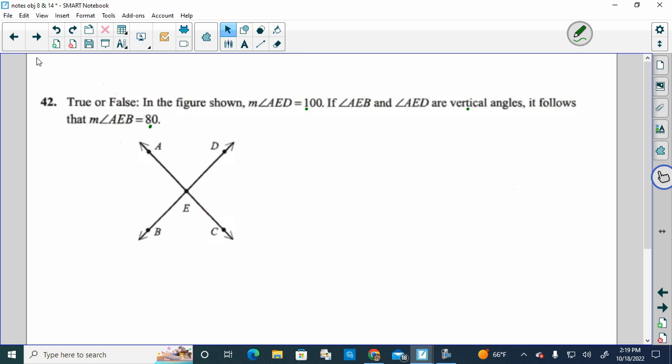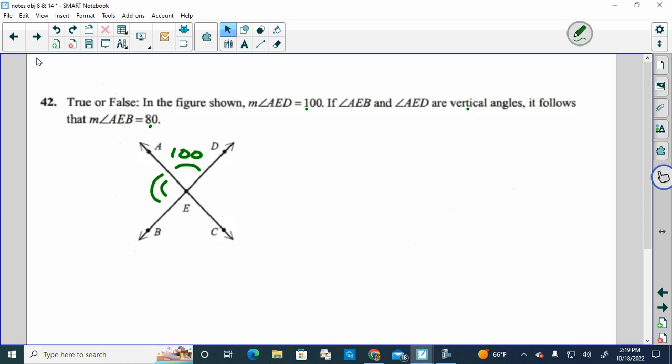So let's go here. So we have AED. This angle right here is 100. And it says if AEB, this angle right here, and AED are vertical angles. Are those vertical angles? No, they'd be a linear pair, right?